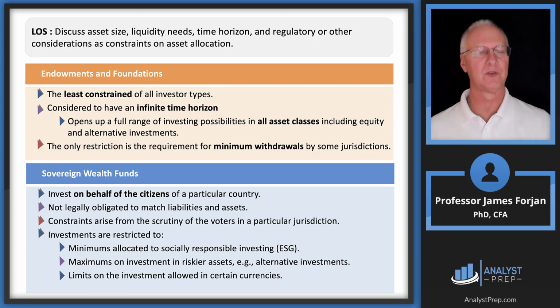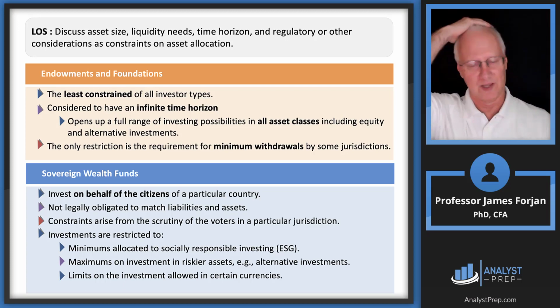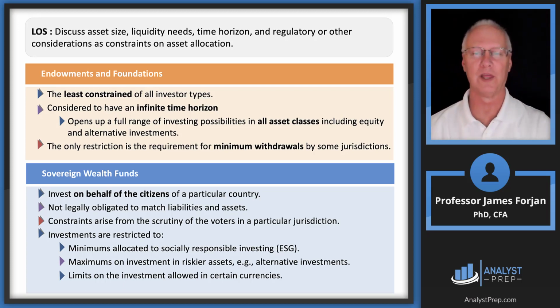Sovereign wealth funds. This is what I was saying earlier about the Norwegian fund. And as a sports fan, I can't help but go ahead and mention this. Those of you who are golf fans, you'll know that there's this Live Golf Tour that has poached some of the great golfers from the PGA Tour, and it's been very, very controversial. However, the underlying asset here is this sovereign wealth fund.